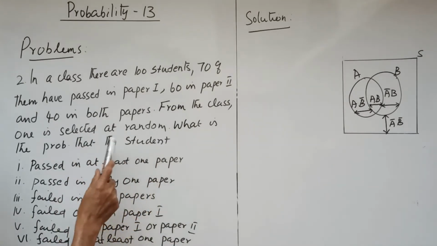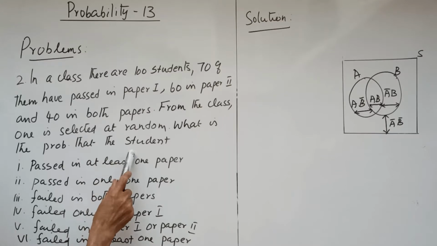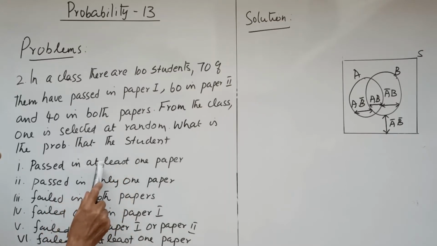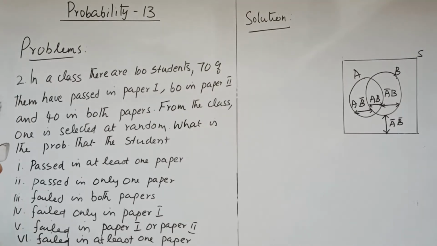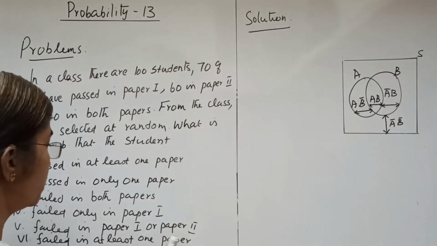What is the probability that the student passed in at least one paper, passed in only one paper, failed in both the papers, failed only in paper 1, failed in paper 1 or paper 2, failed in at least one paper? We consider these events one by one and obtain the answer.